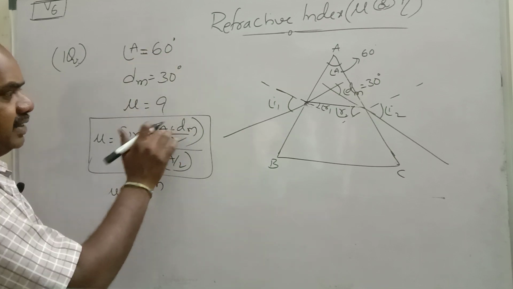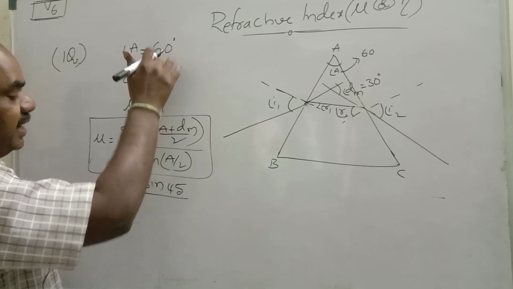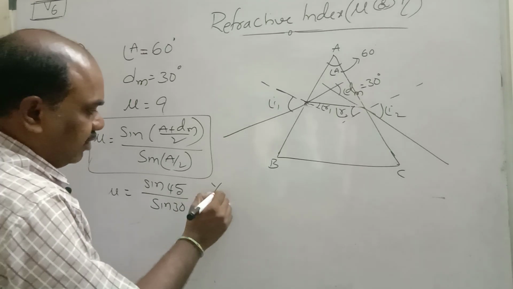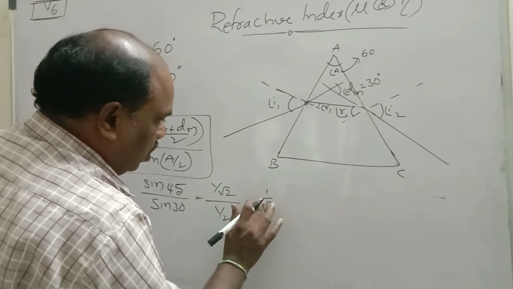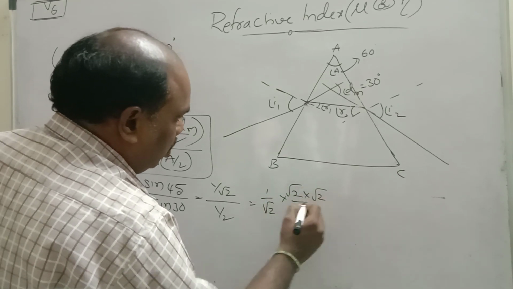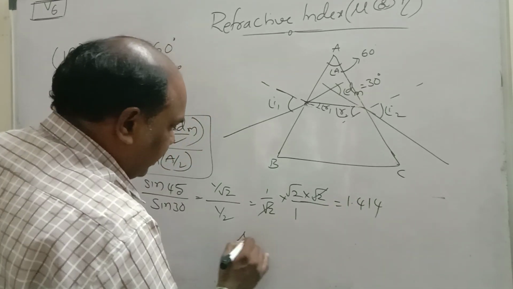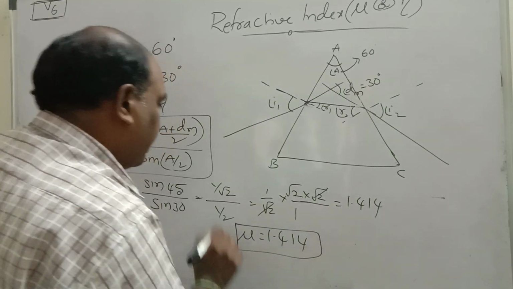Dm, how much? 30. 60 plus 30 is 90) by 2, sin 45, by sin 60 by 2, sin 30. Sin 45 is 1 by root 2, by 1 by 2. This is 1 by root 2, and this 2 comes into the numerator, 2 by 1. 2 can be written as root 2 into root 2. Root 2 cancels. 1.414 is the refractive index of the prism. Refractive index of the prism is mu is equal to 1.414.